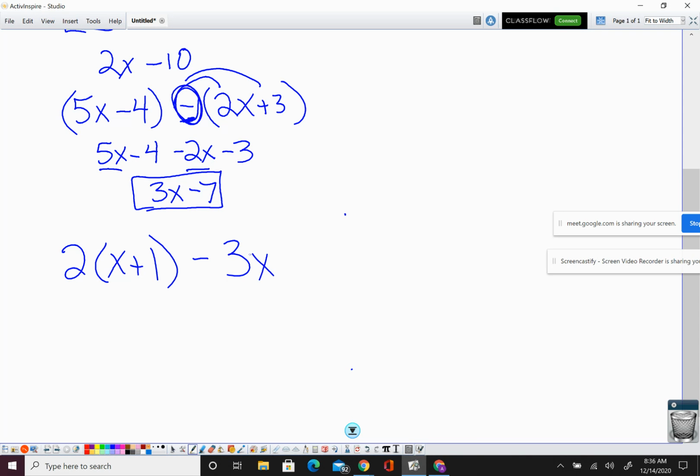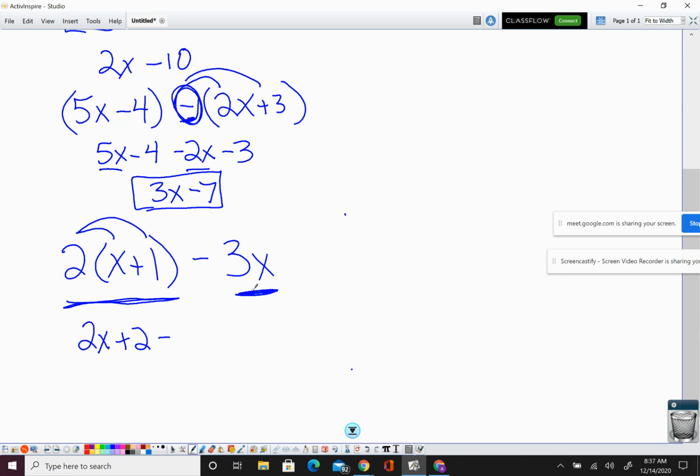So here is a linear expression. They're expressing it as 2 times x plus 1. Here is another linear expression that's 3x, and we're subtracting it. So we're doing the same process here, except we have to do some work up front, and we have to use the distributive process with this 2. So 2 times x is 2x. 2 times 1 is 2.